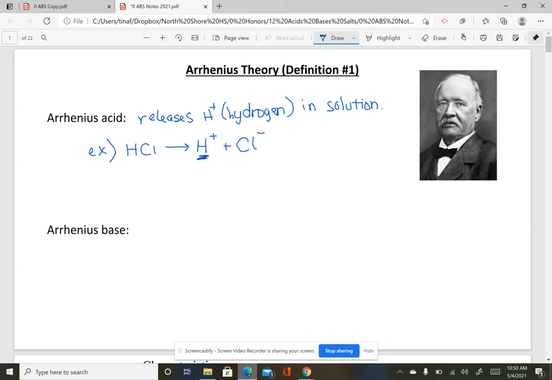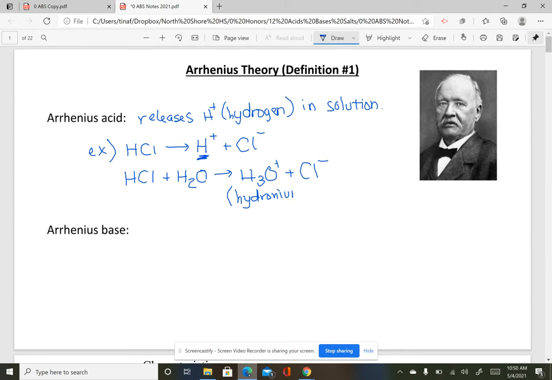We could actually see this written this way too: HCl plus water. Instead of the hydrogen ion floating around alone, it'll attach itself to a water molecule. So instead of H2O, we'll have these H3O plus ions in solution. And if you remember from your polyatomic ion unit, these are called hydronium ions.